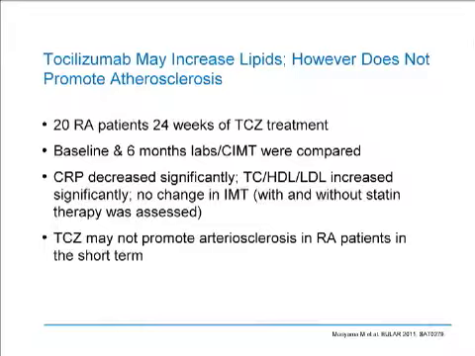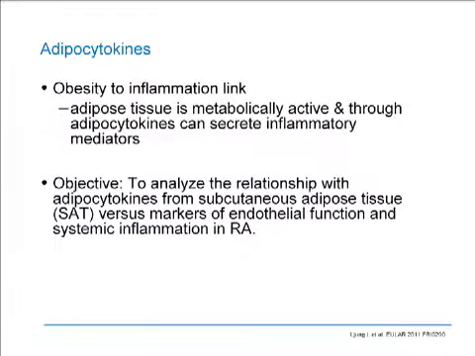And there was actually no change in the IMT, either in the group with or without statin therapy. So tocilizumab may not promote atherosclerosis in RA patients in the short term is what the authors concluded for this particular abstract. So now we're going to turn our attention to adipocytokines.